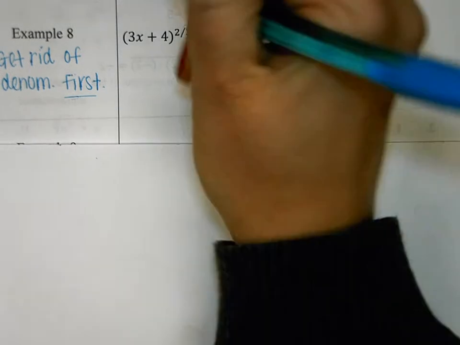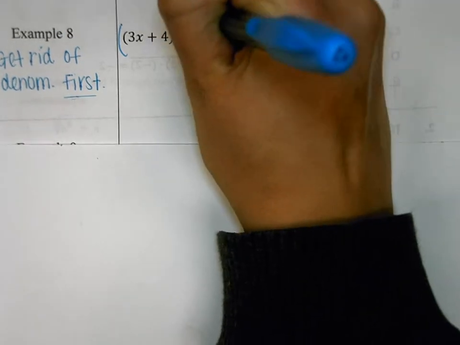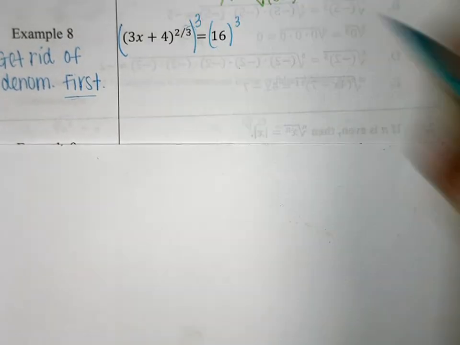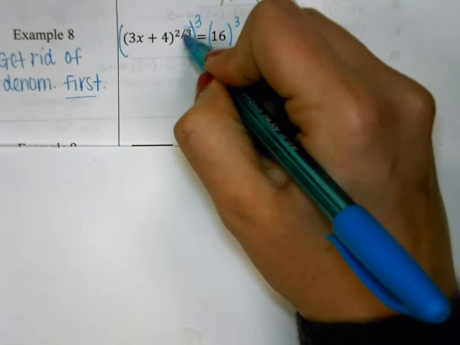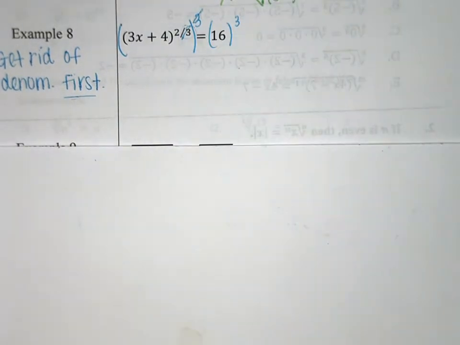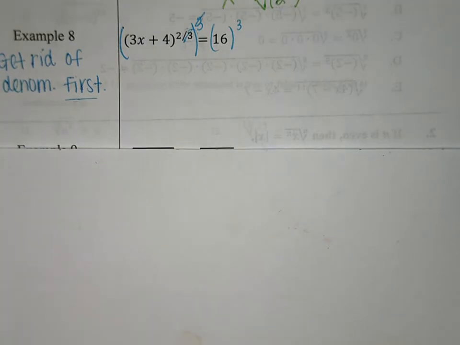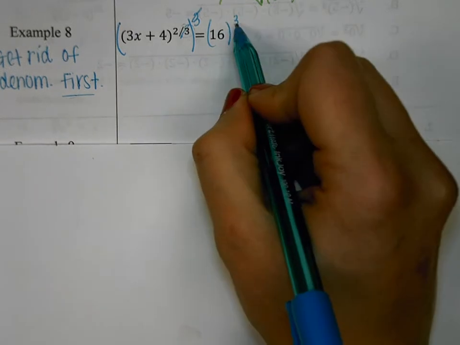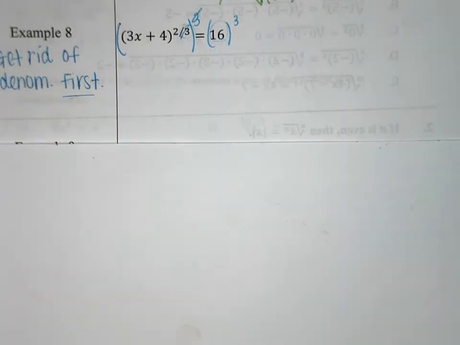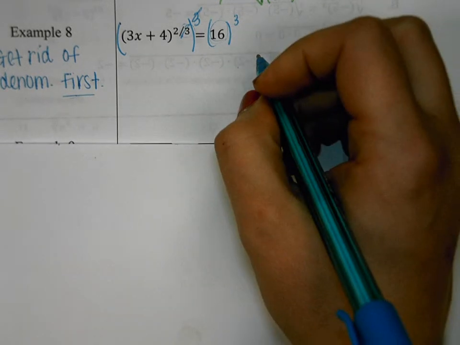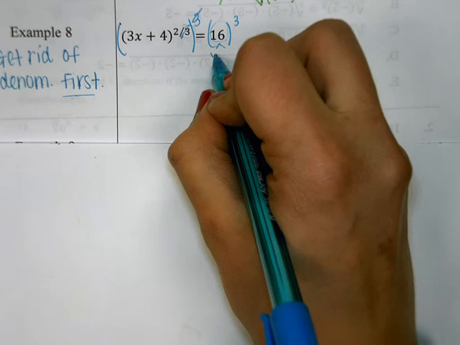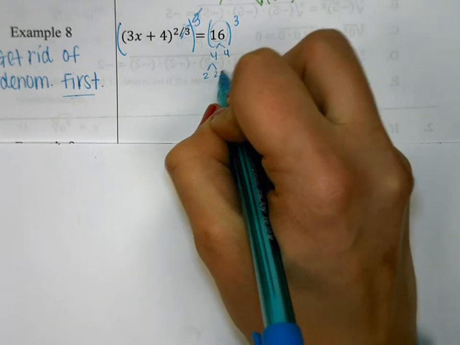So to get rid of that denominator, we want to raise each side to the third power, because the 3 and the 3 are going to cancel each other out. Now before we rewrite this, how could we rewrite 16 to the third power and as small as we can? 16 is 4 and 4, and each of those 4's are 2 and 2.